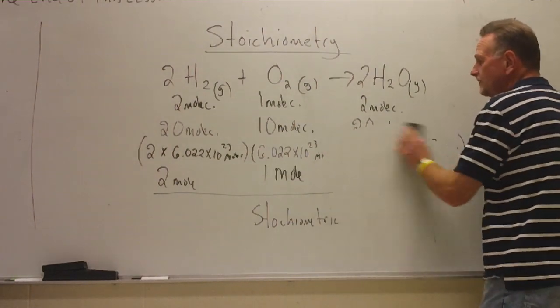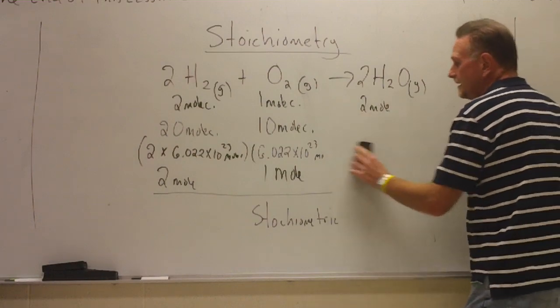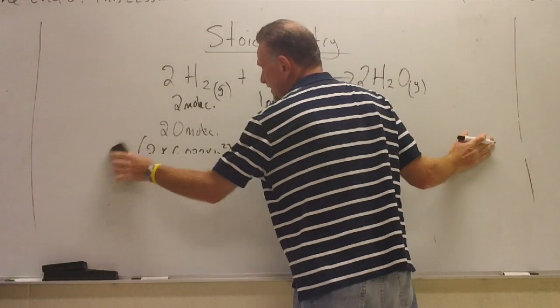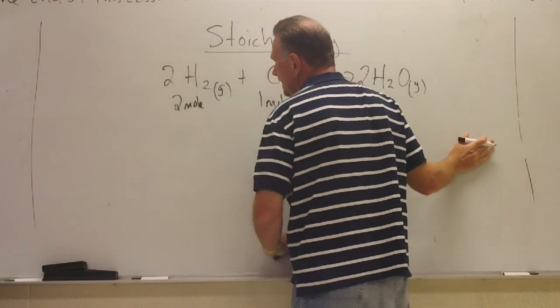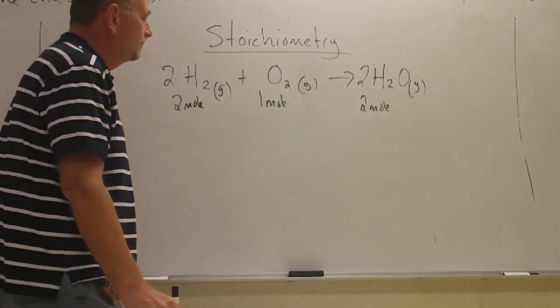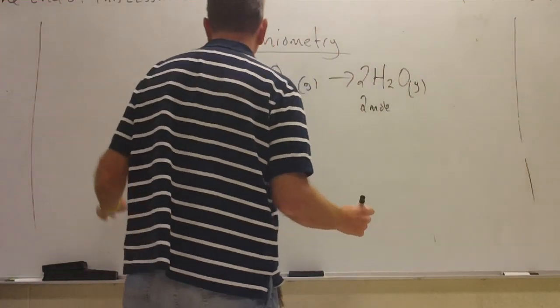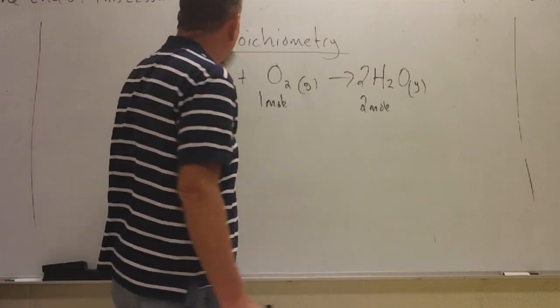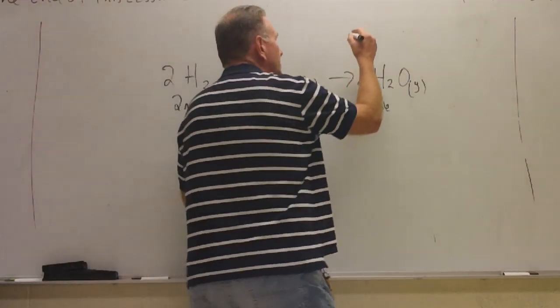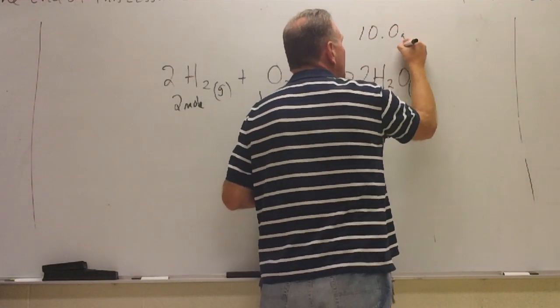So let me erase this, and I'm going to change this from a molecule relationship to the stoichiometric relationship, and we're just going to dive in and solve a problem, and that's the easiest way to do it. So we said we're interested in figuring out how much hydrogen is required to produce 10 grams of water.